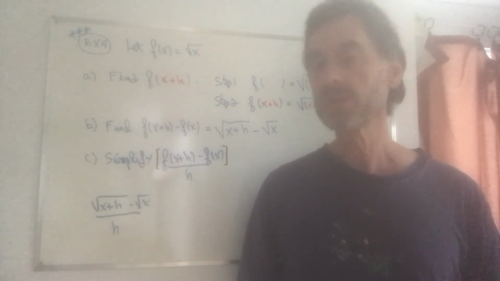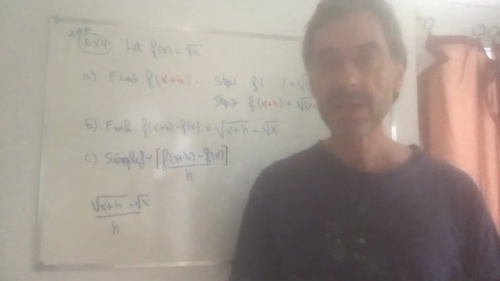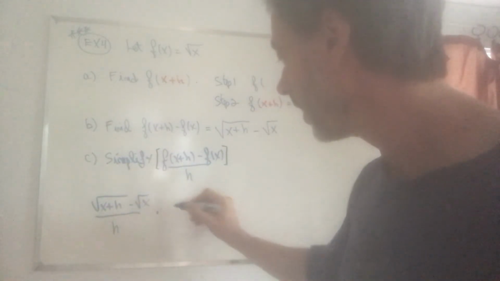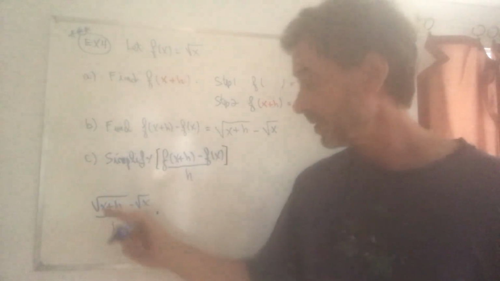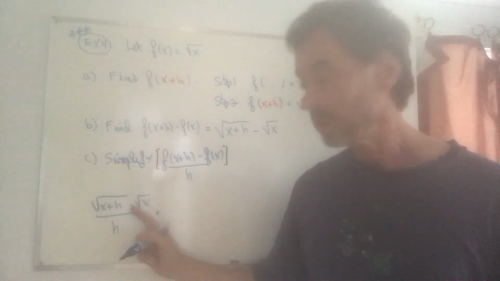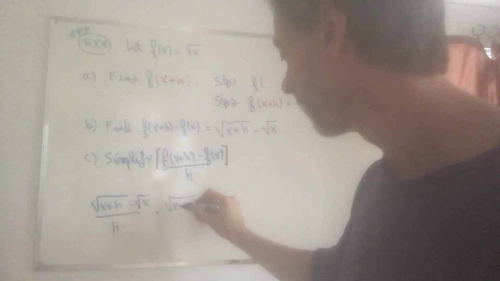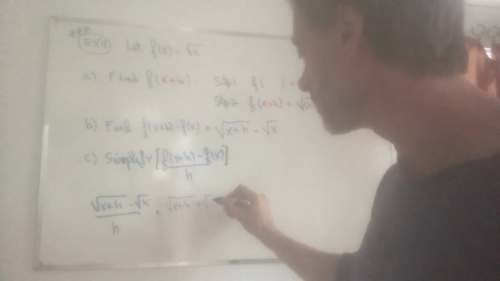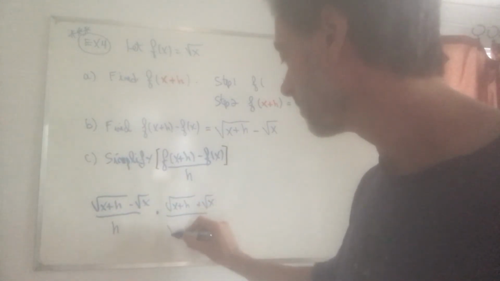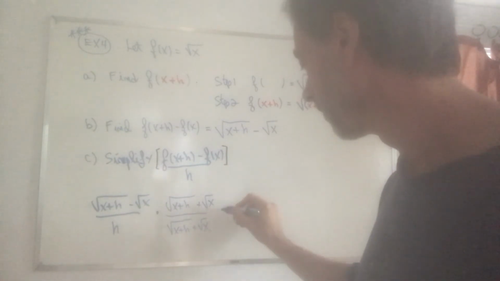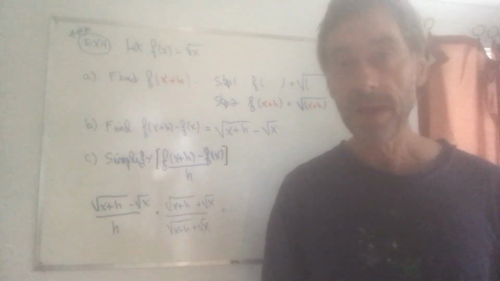If you're thinking I got roots, then I need to use the conjugate, your reflex is excellent. I'm going to multiply top and bottom by the conjugate of the numerator, which is the same, but the middle sign shall change. So this is the root of x plus h plus root x. This is the root of x plus h plus root x.